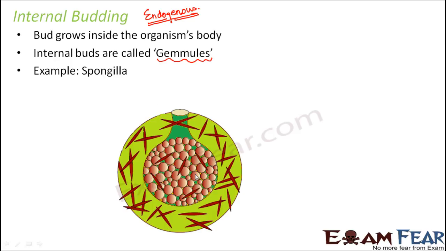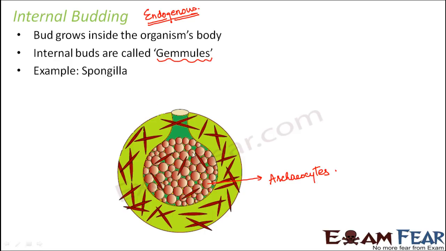These cells which you see here, represented like small balls inside, are called archaeocytes, and a group of archaeocytes form gemmules. Internal buds are called gemmules, but gemmules are actually made up of cells, and these cells are called archaeocytes.